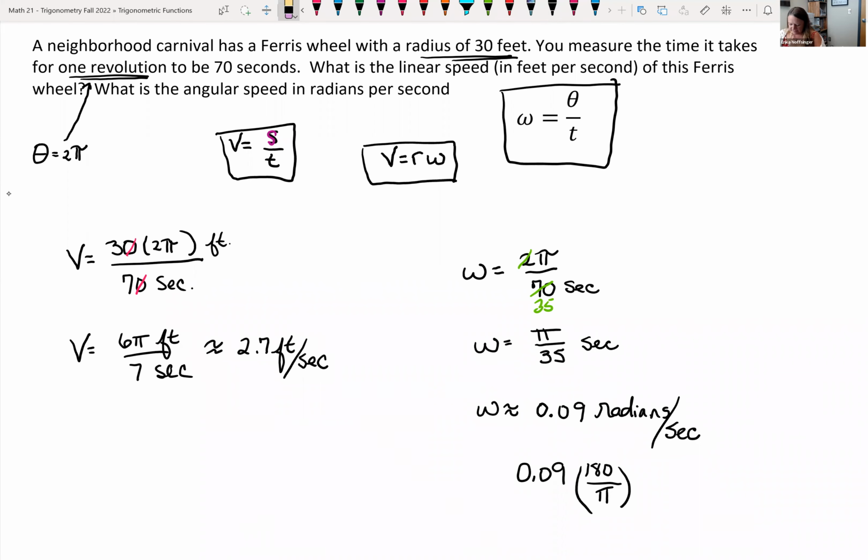And so if I did that, I'm not going to round right now until the very end. So that's approximately 5.14 degrees per second.